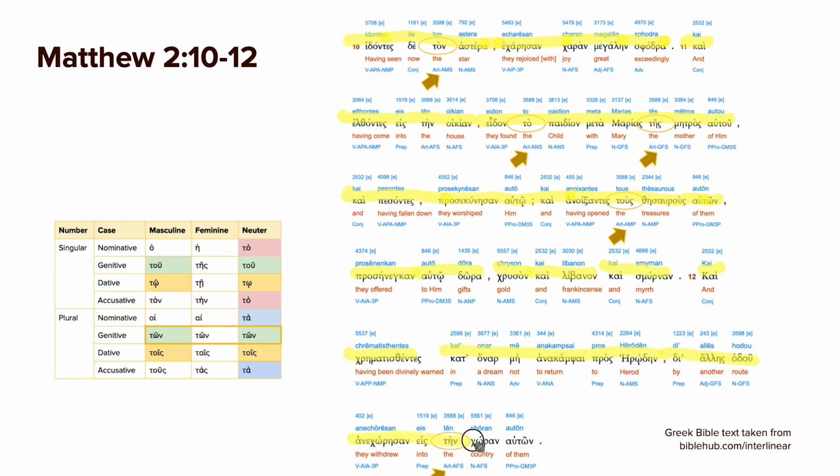All right, so just a few things to note on this slide. We have this one is ton astera, so it's the star, accusative masculine singular. Ton, right? Accusative masculine singular is ton.